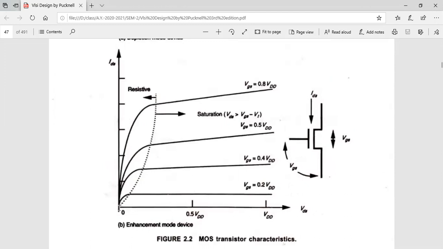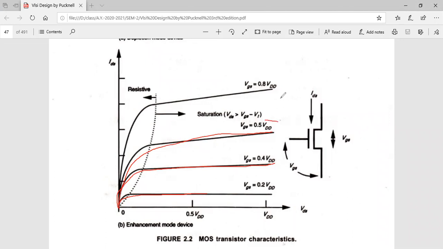You can see here it is going to vary. In the enhancement mode device, starting from 0, it moves like this. If I increase the gate to source voltage to 0.4 times VDD, and further increase my VGS to 0.5 times VDD.